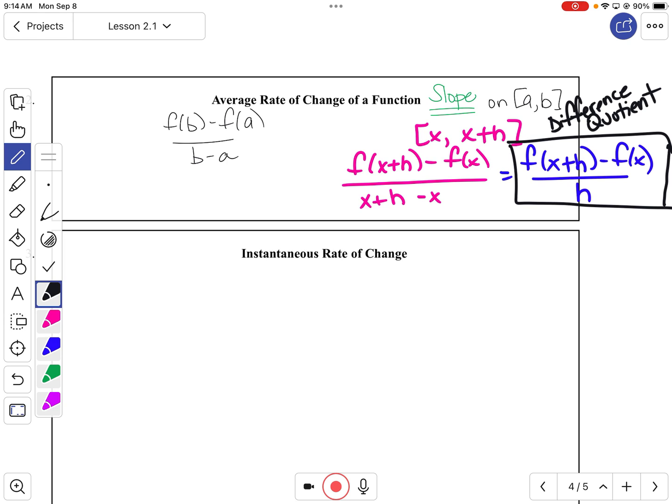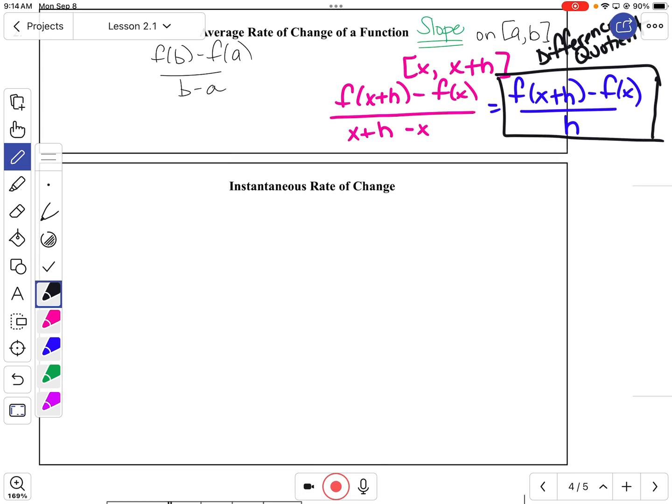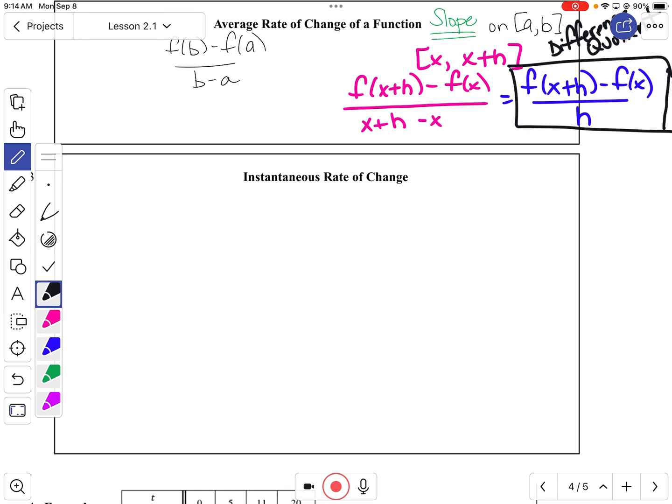Now, when we move to instantaneous rate of change, we're no longer talking about between 2 points, but we can't do slope any other way. There's no way mathematically to do it.